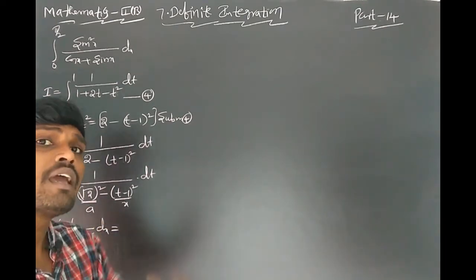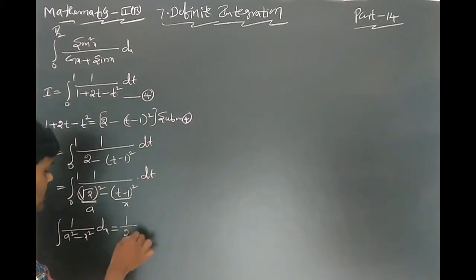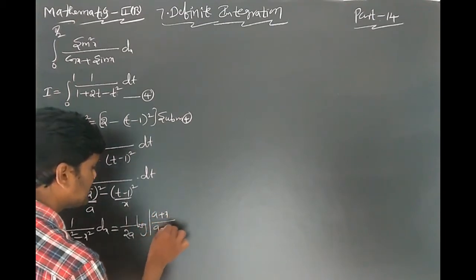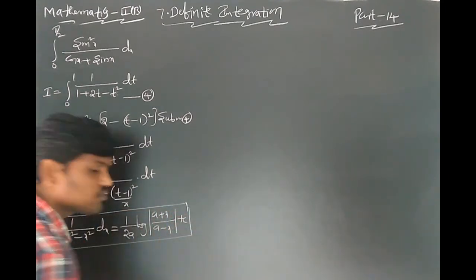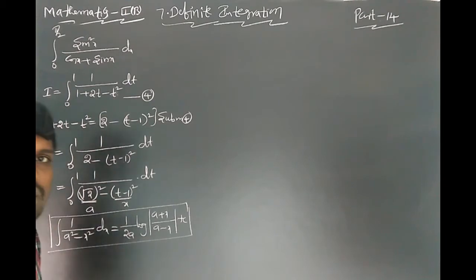What is the formula? The integral of 1 by (a square minus x square) is 1 by 2a log of mod of (a plus x) by (a minus x), plus c. In this formula, the a value is root 2 and the x value is t minus 1.